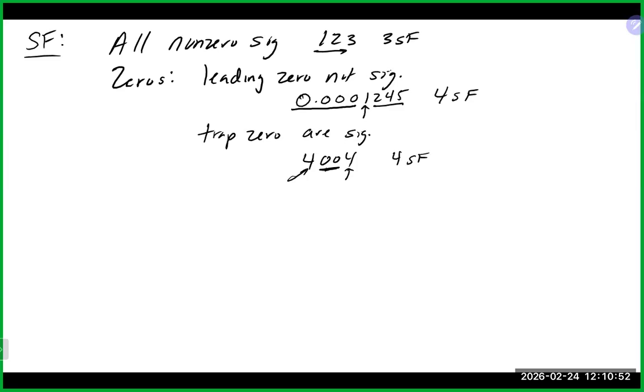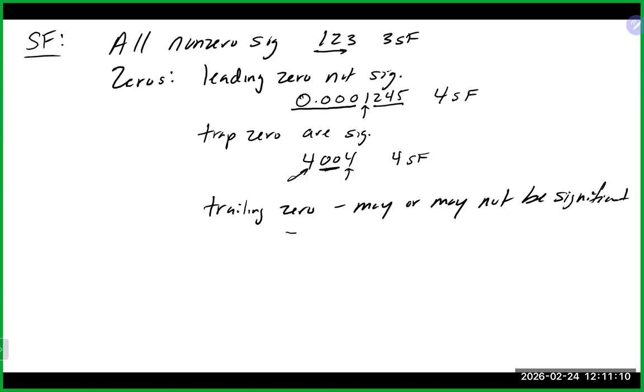Lastly, the zero that gives people the hardest time is the trailing zeros. And those may or may not be significant. What determines if they are significant is if there is a decimal point written in the number.